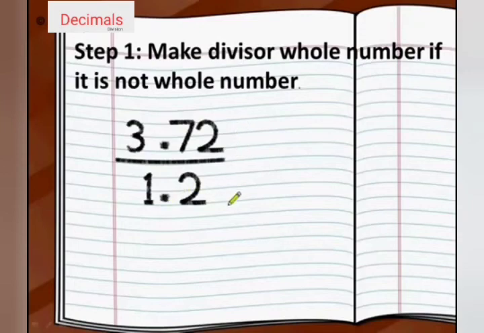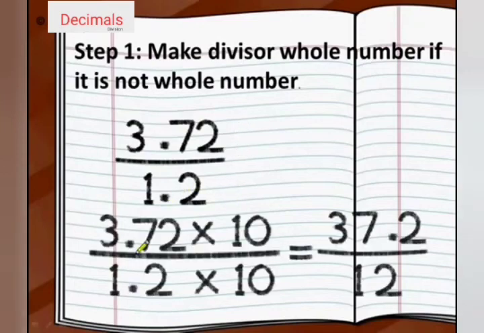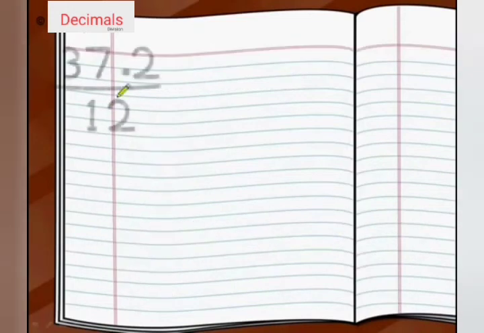So multiplying 10 in the numerator and denominator, we will get 37.2 over 12 as a result. Now since we count the number of zeros, as there is 1 zero in 10, we have shifted the decimal point to the right by 1 digit. So now we have converted the denominator into a whole number.